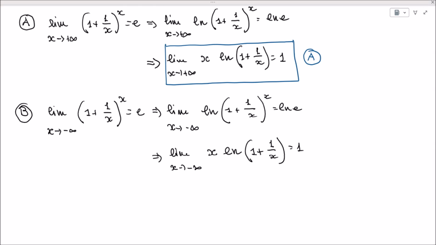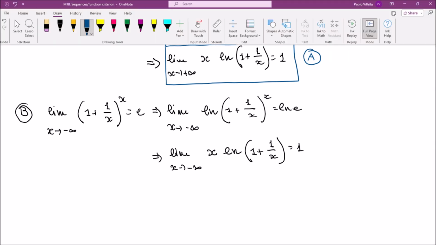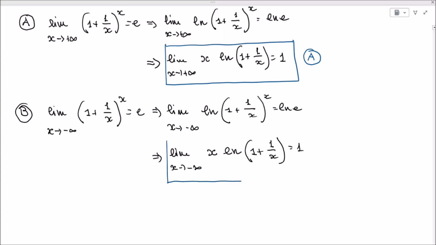And this is another result which we call B.